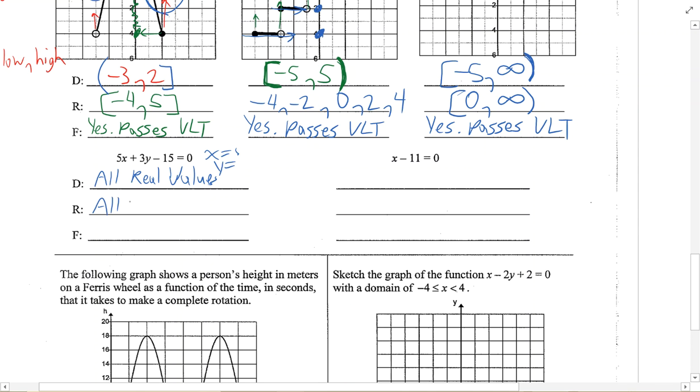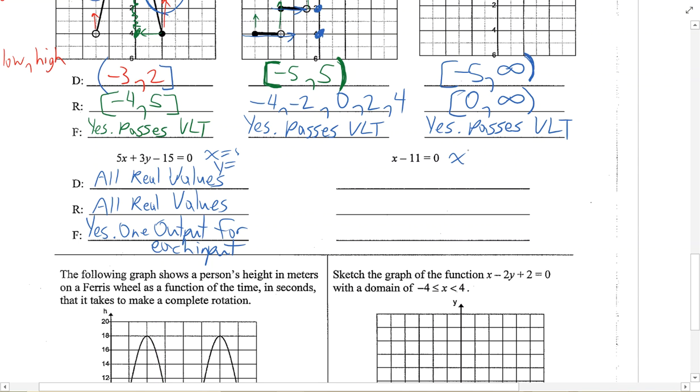Otherwise, if it is an oblique line, it is all real values. And is it a function? Yes, because it's one output for each input.